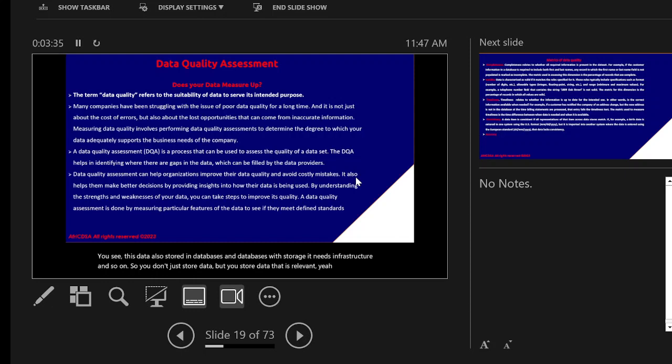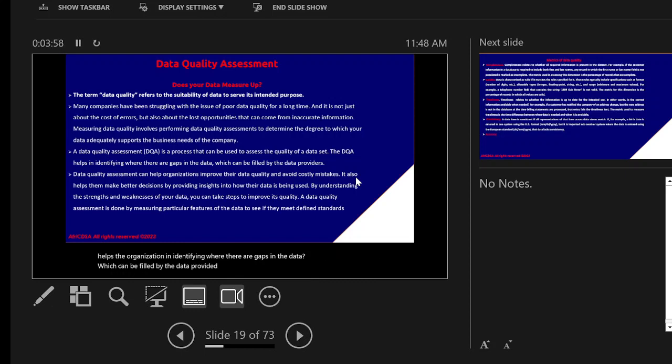So a data quality assessment, we normally call it DQA, is the process that you can use to assess the quality of the data set. The data quality assessment helps the organization in identifying where there are gaps in the data, which can be filled by the data provider.